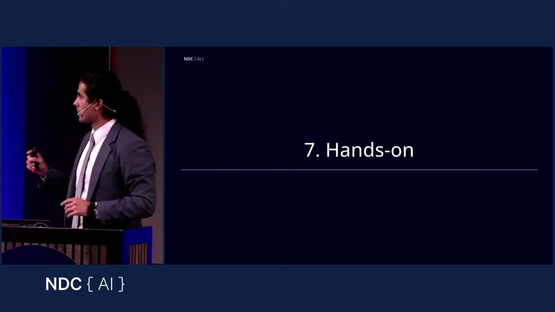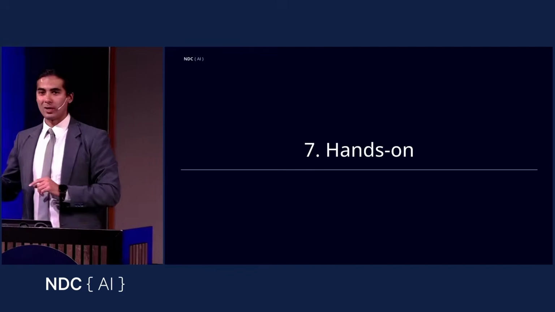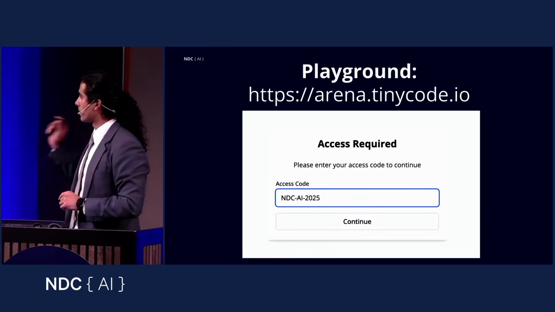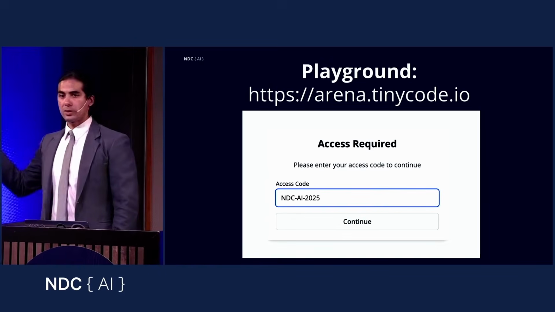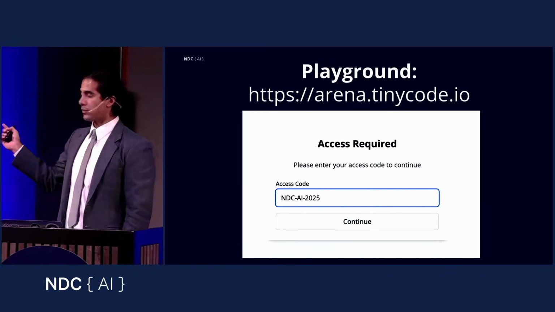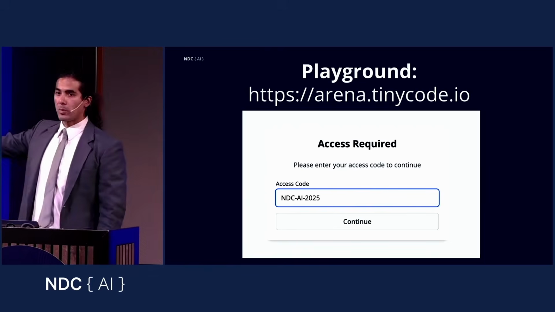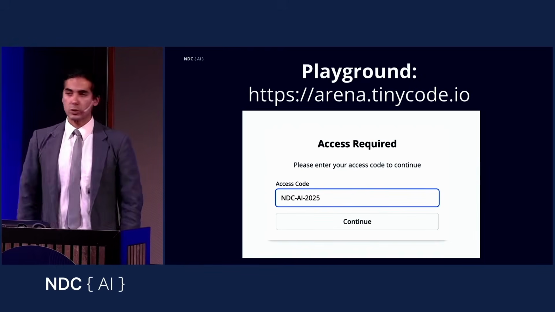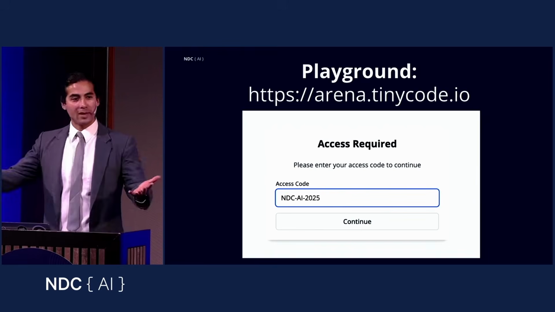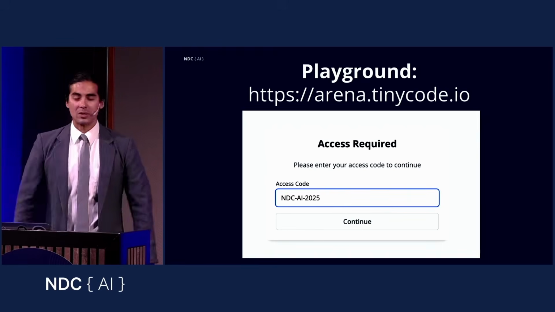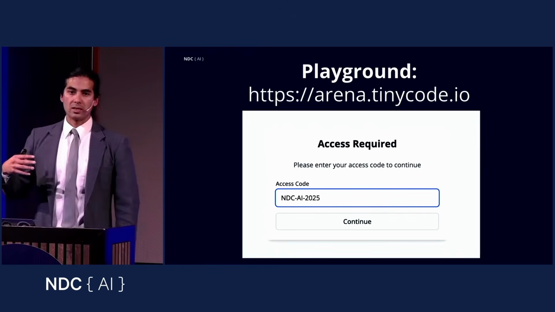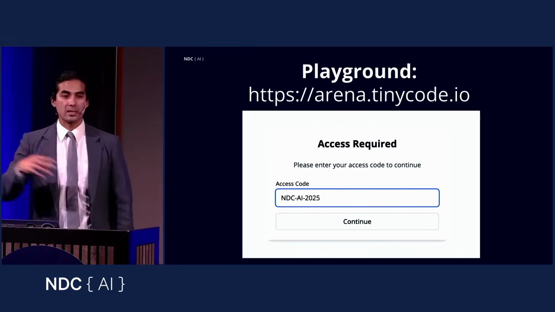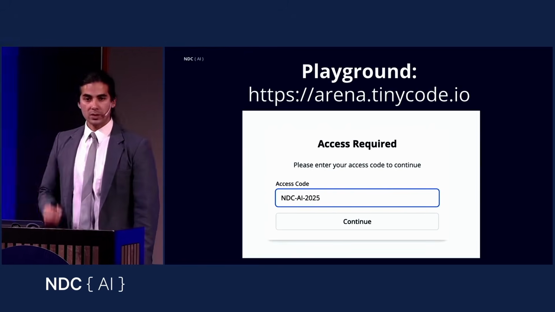Now, I did promise that there was going to be a hands-on component to this. So here it is. If you go to this website, arena.tinycode.io, and you can take a picture of this. All you need to remember is the code, NDC AI 2025. I've created a whole platform for you to be able to hack these models. It's free, you can go there, and you will be able to join the attendees that took my workshop yesterday and the day before.